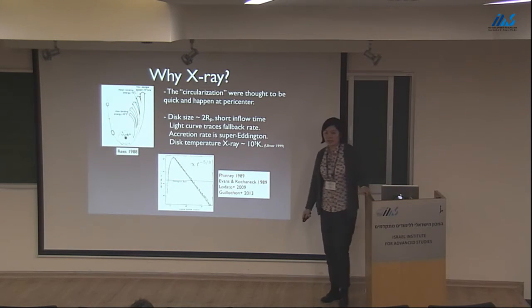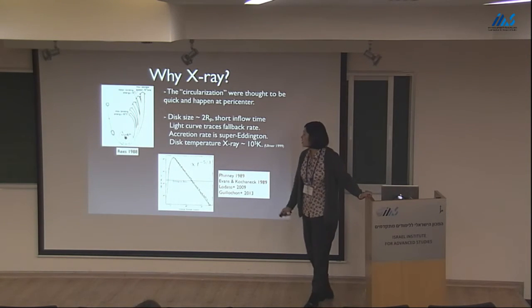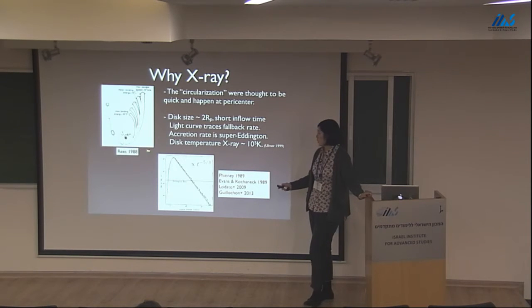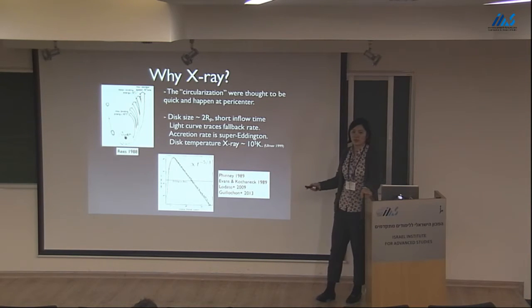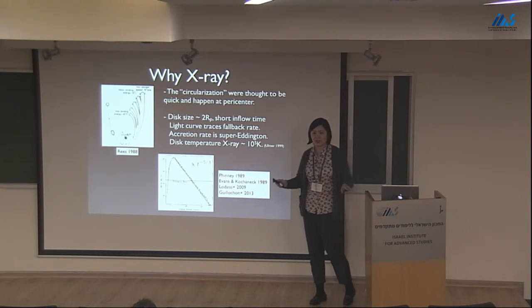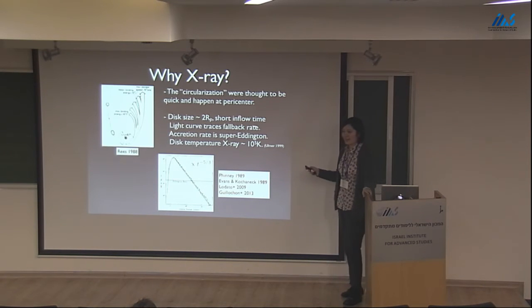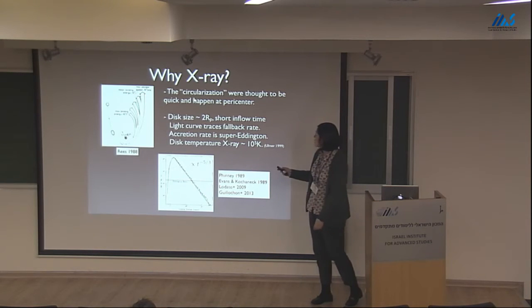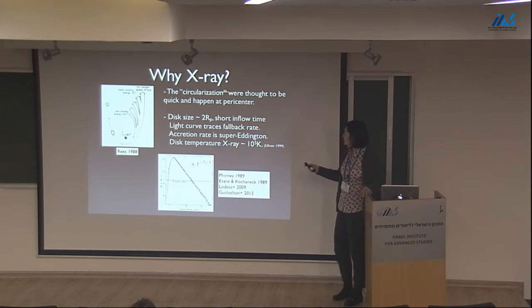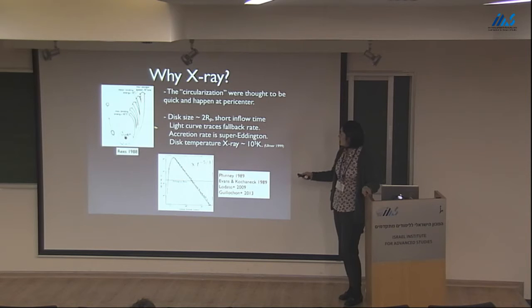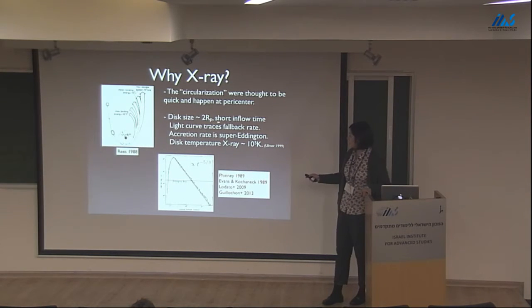So why X-ray temperature for these disks? If you ask people like Martin Rees 20 years ago, he will tell you all the TDEs should be at soft X-ray temperature. As you have heard many times in the previous talks, the reason is very simple. In these old pictures, the circularization is thought to happen magically around the pericenter, and you form a very small disk.